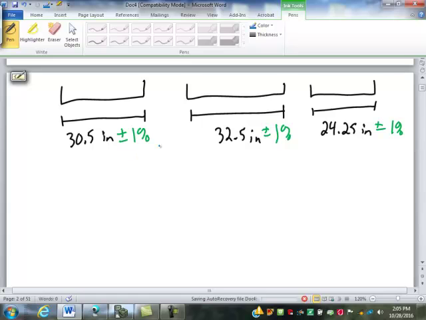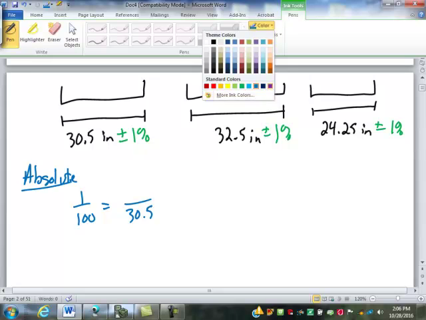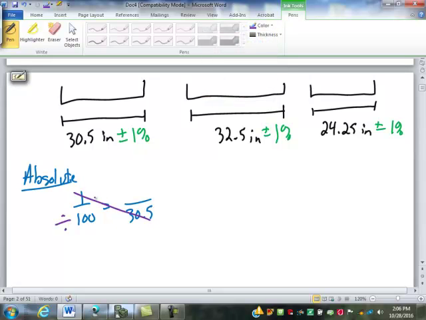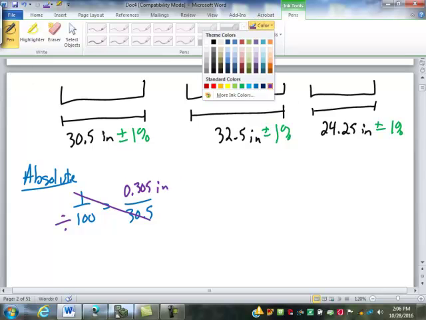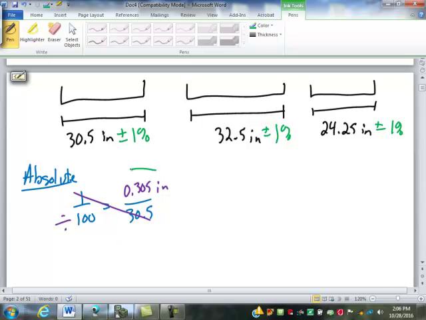From that 1% relative error, if we wanted to construct the absolute allowance, we would find 1% of the 30.5 inches. If we cross multiply and divide, 1 times 30.5 divided by 100, it's 0.305 inches. Looking at that, plus or minus 0.3 inches, that's over 1/4 of an inch. Is that probably an acceptable tolerance? Mostly not for cabinetry, no. In framing, it might be borderline even.